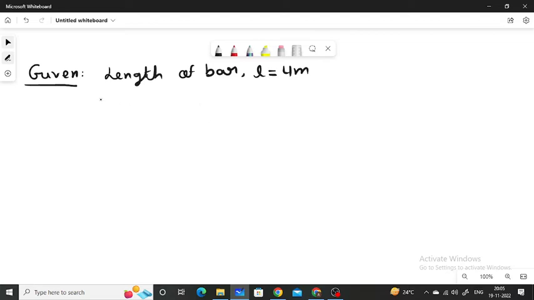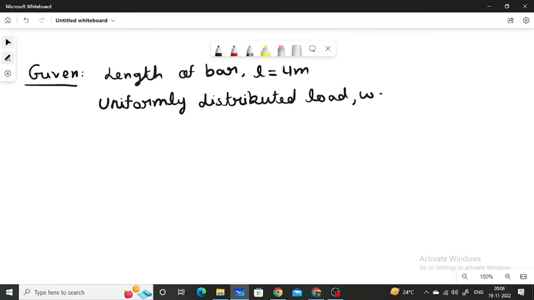Uniformly distributed load is equal to 30 kilonewton per meter.